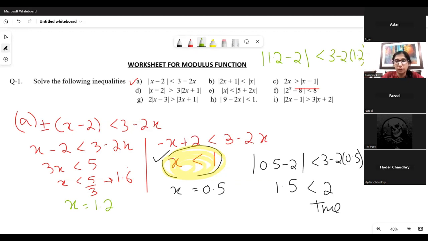So 1.2 minus 2 is minus 0.8, modulus लेके it'll be plus 0.8. Is it less than 3 minus 2 into 1.2, which is 0.6? No, it is false. So ये हो गया reject. So your answer would be this only.